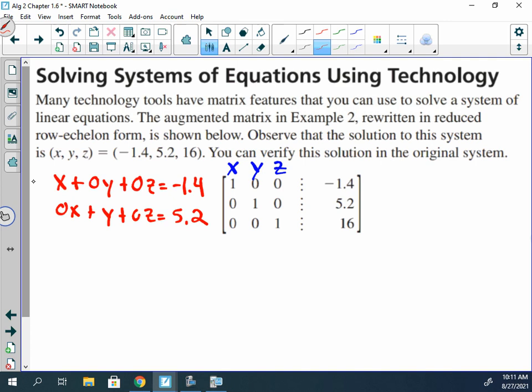Well, it's just telling us y is equal to 5.2. And the last one, 0x plus 0y plus z equals 16. So the answer, x, y, z, is given to us right there with this reduced row echelon form.